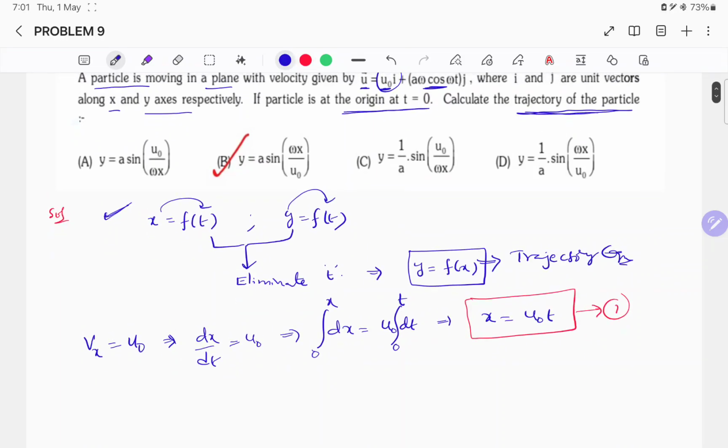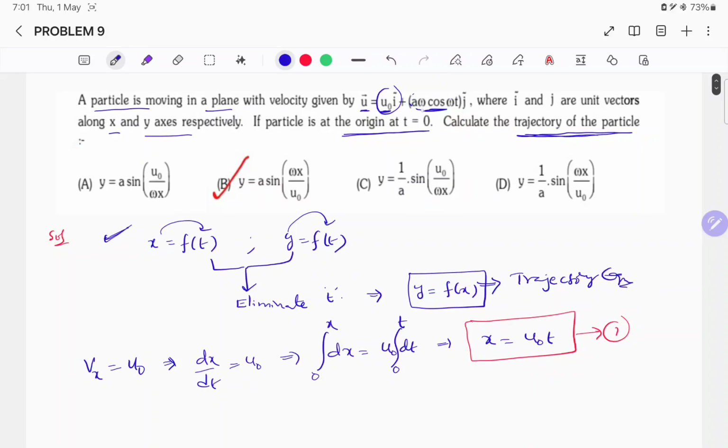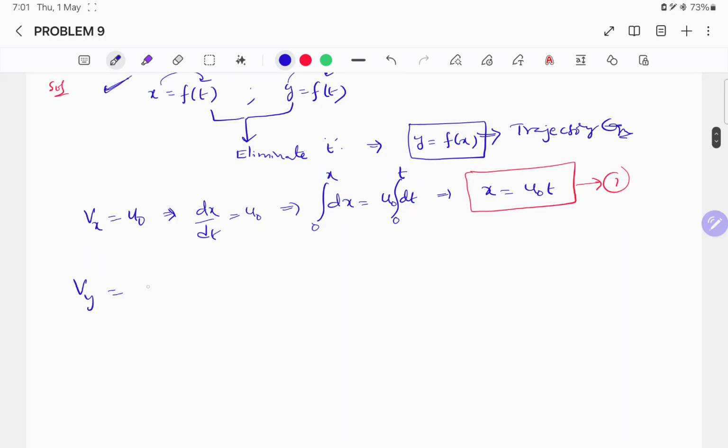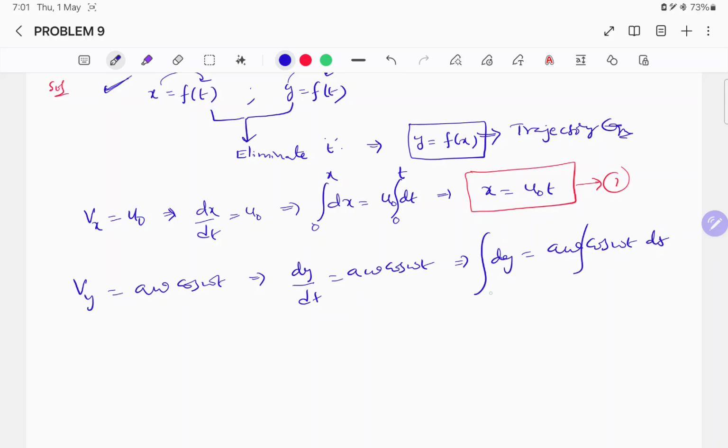Now similarly, let us look at the Vy value. Vy is a omega cos omega t, which implies dy by dt is equal to the same function. Hence dy will be equal to a omega cos omega t dt. If you integrate on both sides, from 0 to y on the left and 0 to t on the right, you will get y equal to a omega sin omega t by omega.